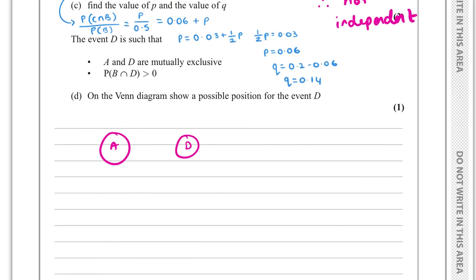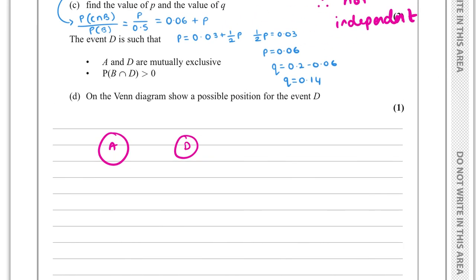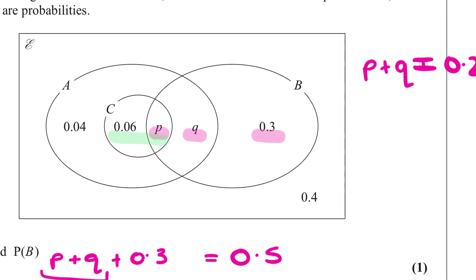Now, it then says the probability of B intersection D is greater than 0. So that means one of two things. Number one, it means that D could intersect here, doesn't it? So it intersects B, it's mutually exclusive with A. Perfect.